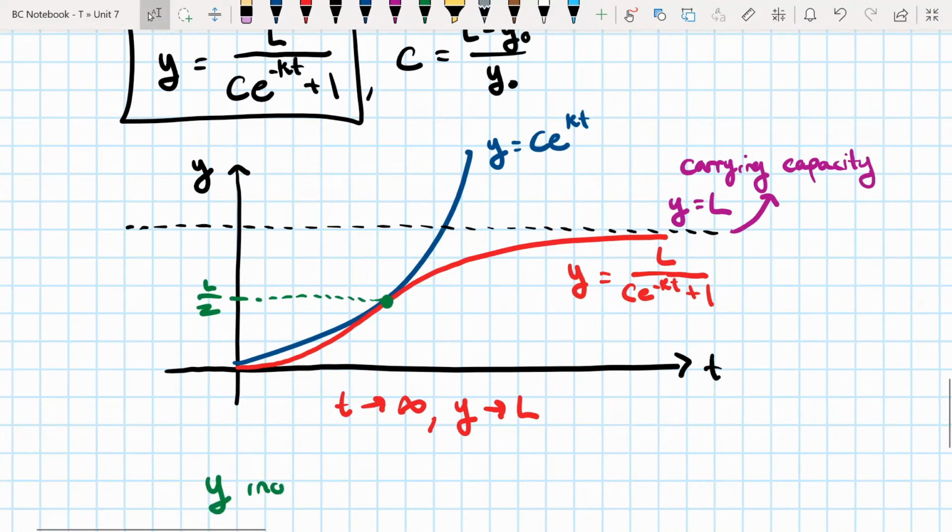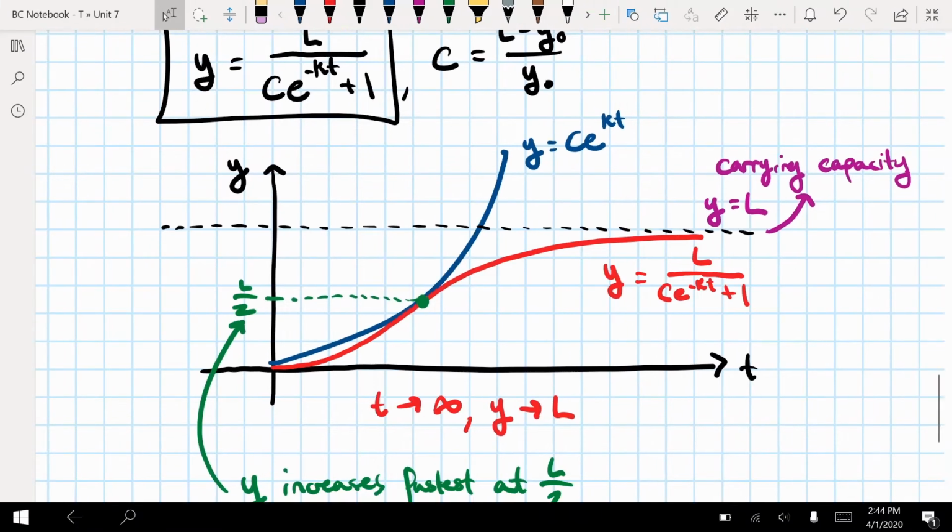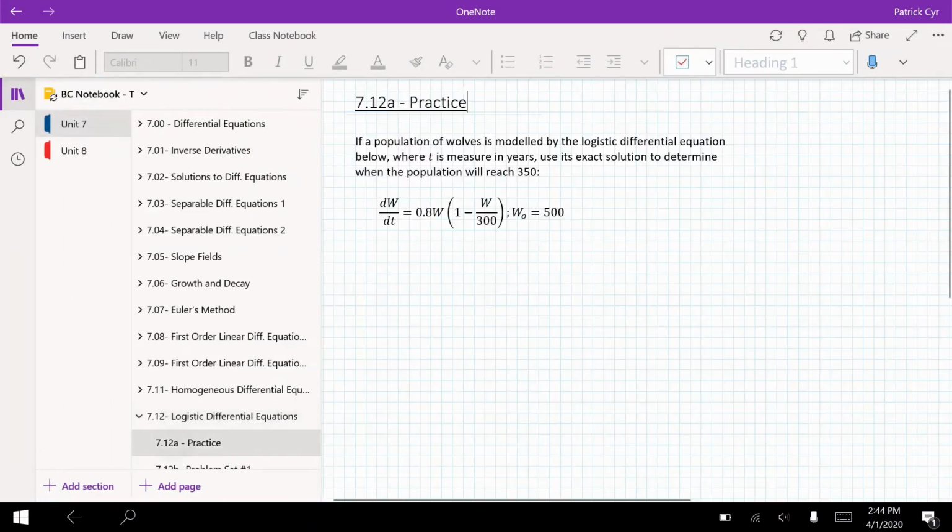Y increases fastest at L over 2. So the rate of change of the solution increases fastest at half of the carrying capacity. That can be proven by using the second derivative. We don't have to go through that derivation, but you can prove it using the second derivative, or the derivative of the logistic differential equation. Okay, let's go through an example. So our goal here is to solve a logistic differential equation.